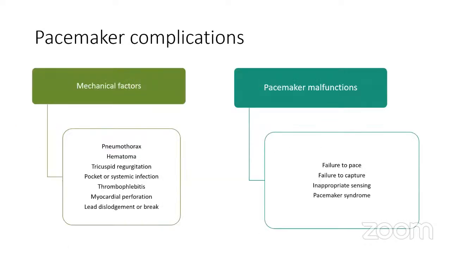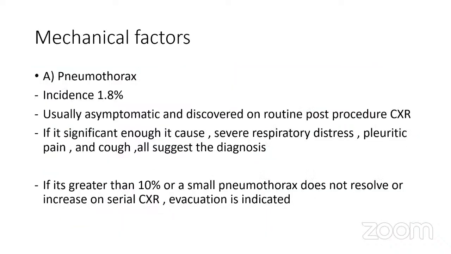These complications are divided into two entities: mechanical complications and pacemaker malfunction. The mechanical ones include pneumothorax, hematoma, tricuspid regurgitation, infections, thrombophlebitis, myocardial perforation, and lead dislodgement or break. Regarding pacemaker malfunction, we have failure to pace, failure to capture, inappropriate sensing, and pacemaker syndrome.